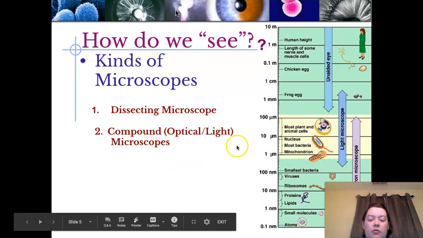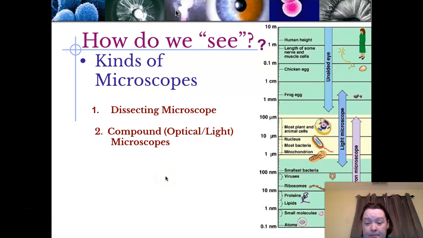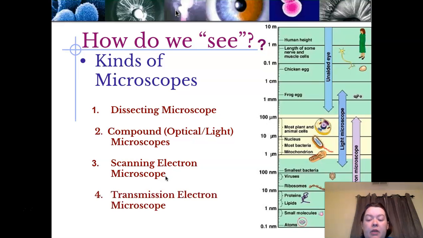A compound or a light microscope is used to see things like cells that we couldn't typically see with our eyes. And then a scanning electron microscope is going to be used to see teeny tiny things smaller than a cell, like viruses, teeny tiny bacteria, proteins. And then a transmission electron microscope is another type of electron microscope that again allows us to see those teeny tiny things. And in a few minutes we're going to talk about the difference between those two.